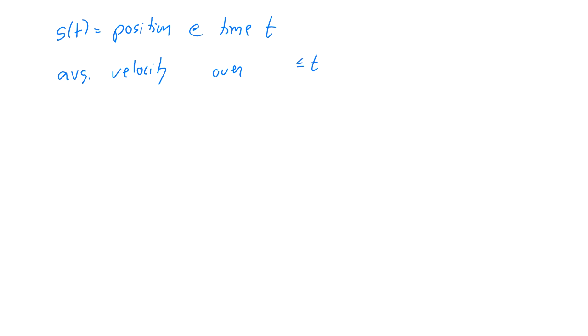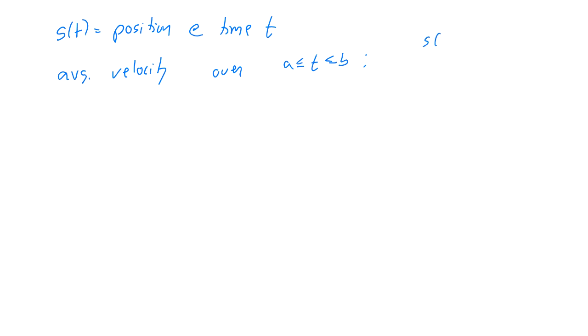So I guess this is kind of a mini physics lesson. But if S of t is position at time t, then the average velocity over the interval, let's say t is going from A to B, would be how far you've moved.